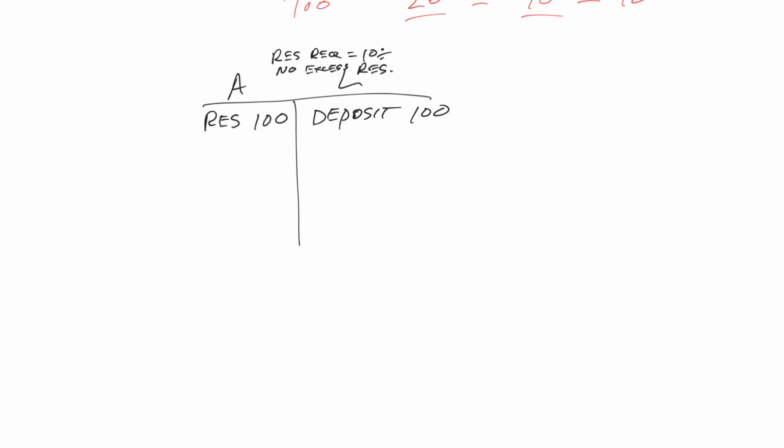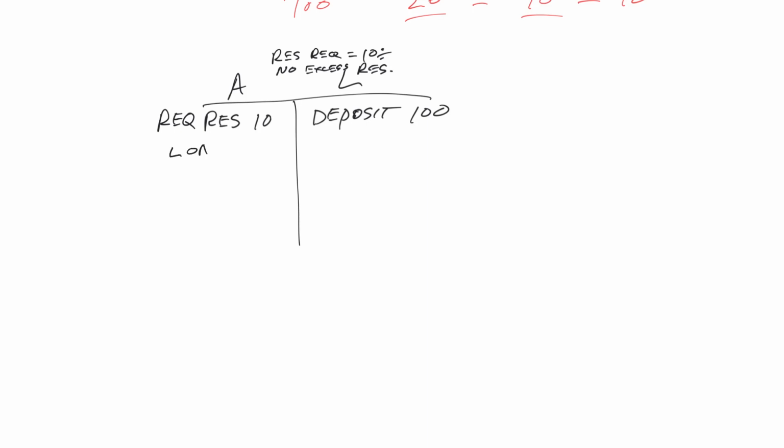So they're only required to keep 10%. That's the reserve requirement. So they're going to keep 10% as required reserves. That's $10 of this 100. So I'm going to put required reserves as $10. And then what are they going to do?